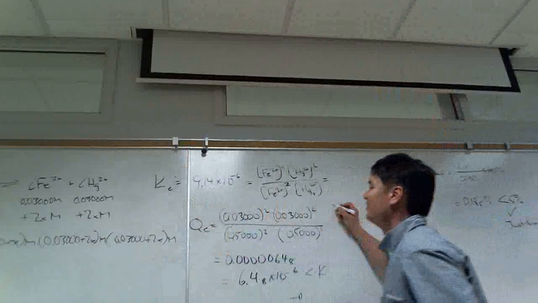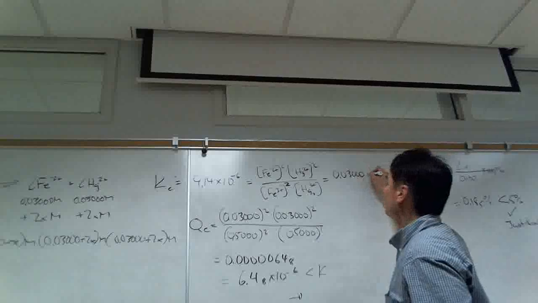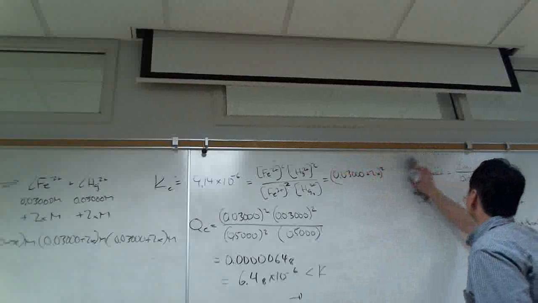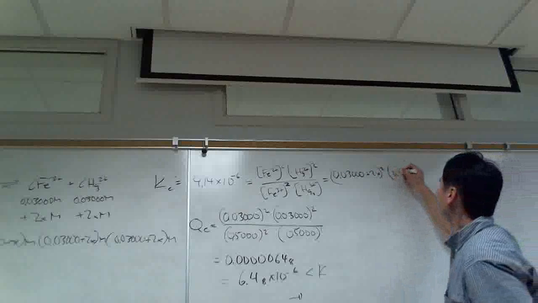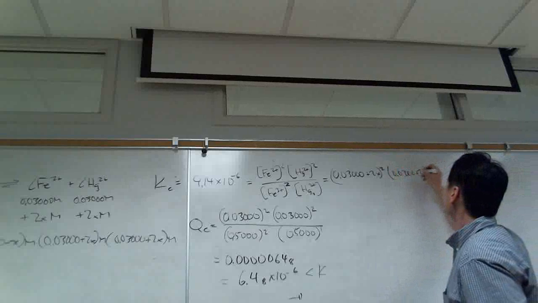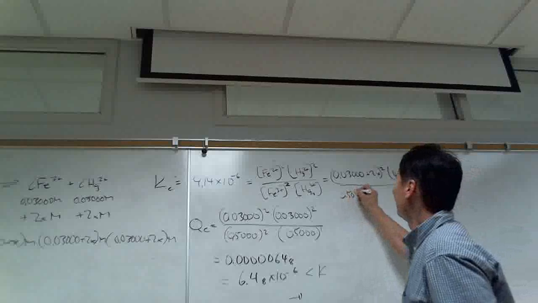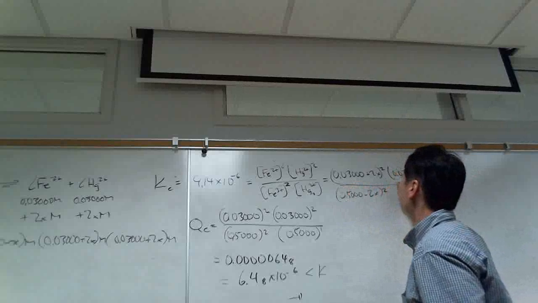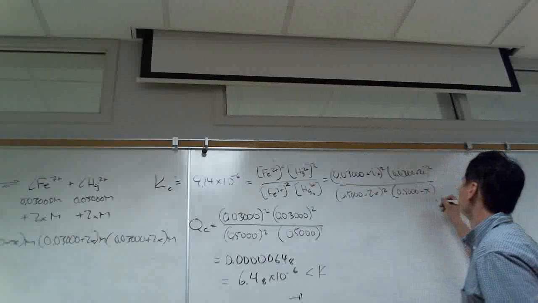So this is going to be (0.03 thousand plus 2x) squared times (0.03 thousand plus 2x) squared, divided by (0.5 thousand minus 2x) squared and (0.5 thousand minus x) to the first.